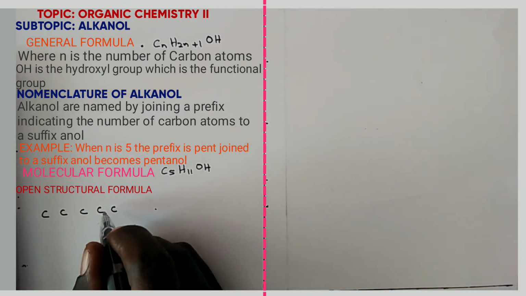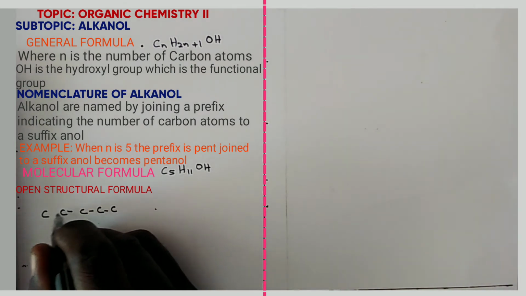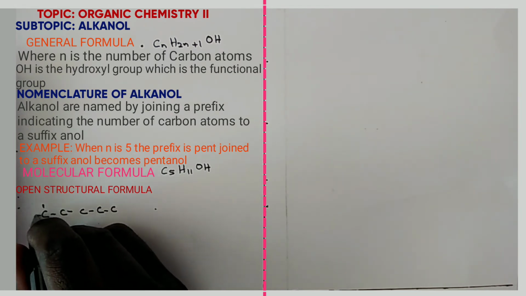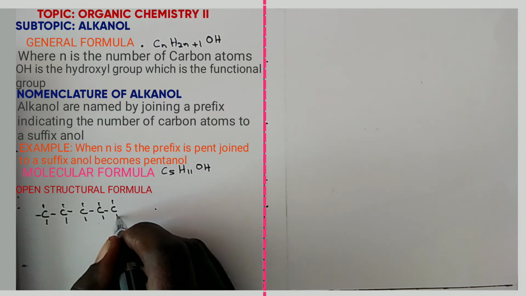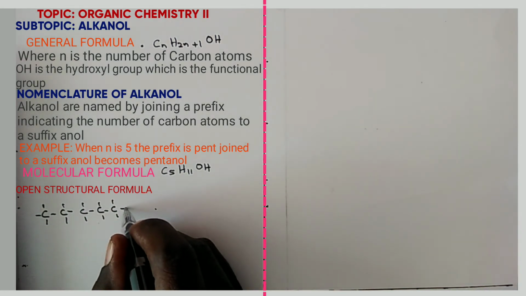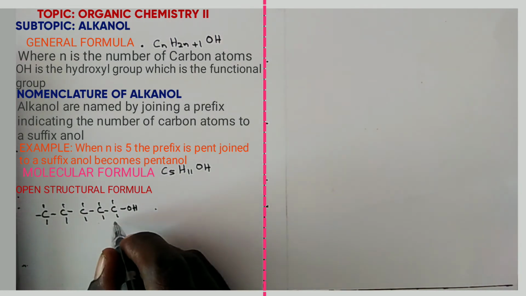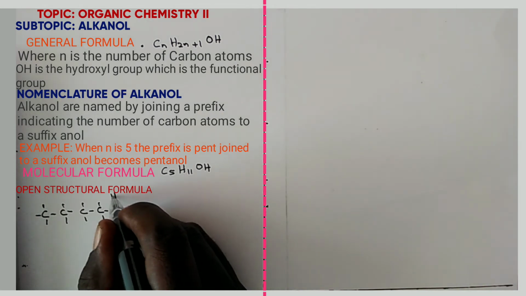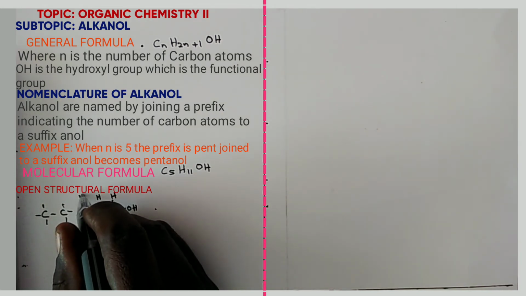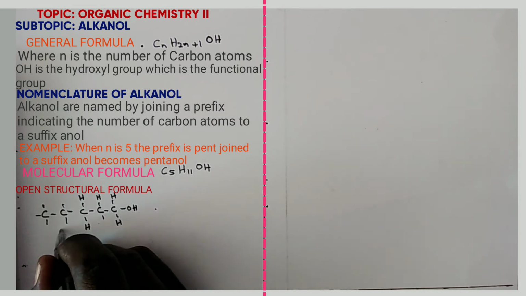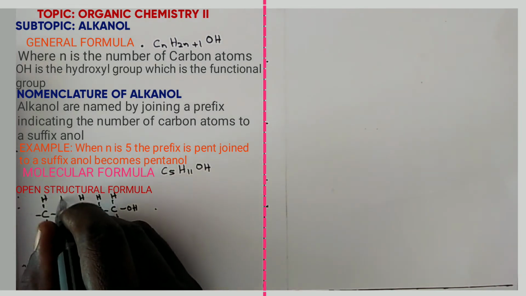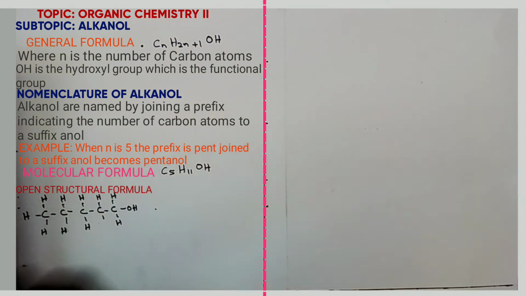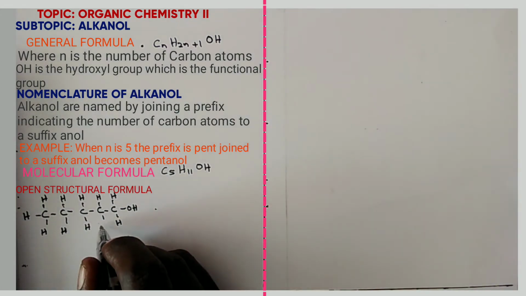Then you place single bonds on each carbon atom. Each carbon must have 4 bonds. Then you place the hydroxyl group on one end. Then the rest become hydrogen atoms. So that's called the open structural formula.